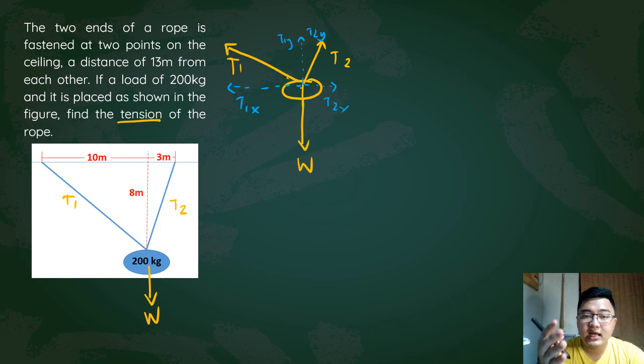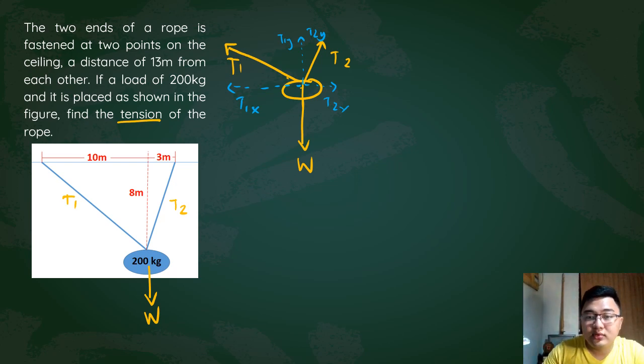Now, of course, our net force here is still equal to 0. Why? Because the hanging load is not moving. And if it's not moving, then it's in static equilibrium. So we can form an equation out of the different components here.